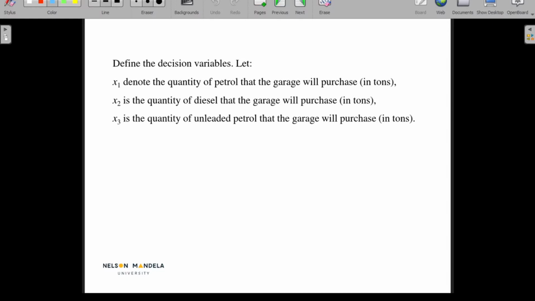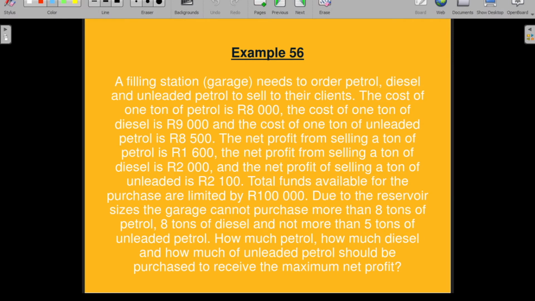And then we have certain restrictions. So again, very similar to examples 54 and 55. My restriction is that a ton of petrol costs 8,000 rands, 9,000 rands for the diesel, 8,500 rands for the unleaded petrol, and we have available only 100,000 rands. So that will make out my first restriction.